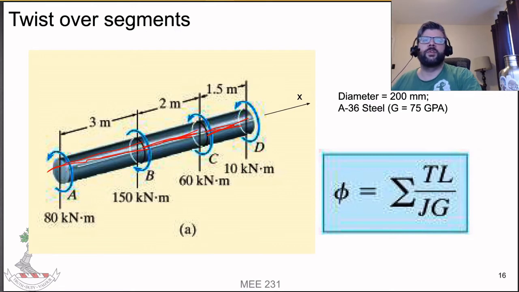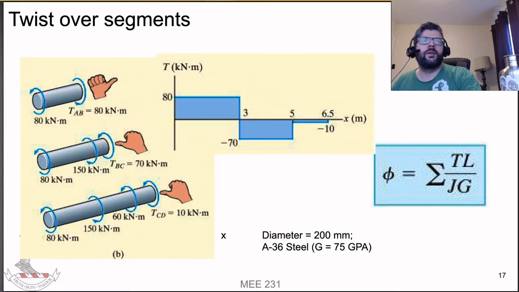So, for example, for the first segment that we have here, in order to keep this thing in equilibrium after we take a section cut, we're going to have to apply a moment like that, which is going to be a positive moment, because we have our thumb in the direction of our x-axis.